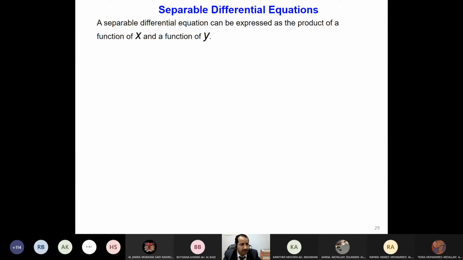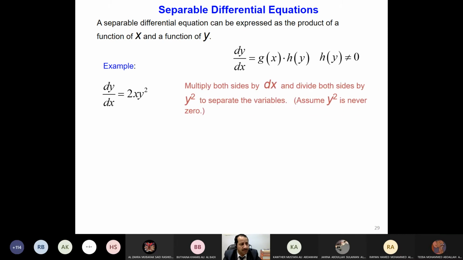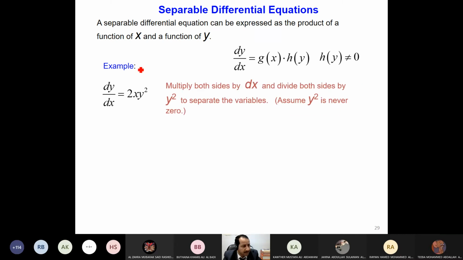Have a look. Separable, from the name, if you see here, dy over dx is equal to an expression containing x and y. The name separable means I will separate between x and y. X will be on one side, y will be on the other side. So I want to move this y squared to the other side.